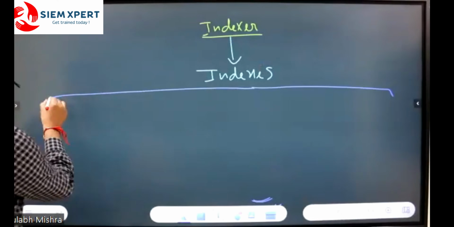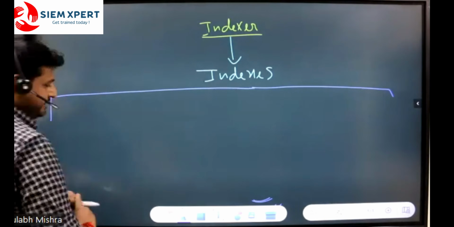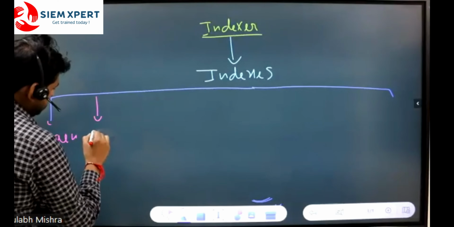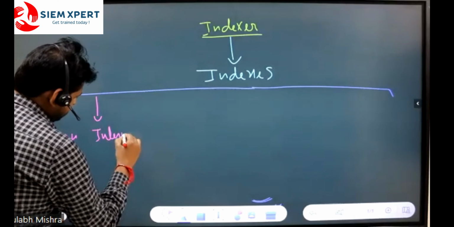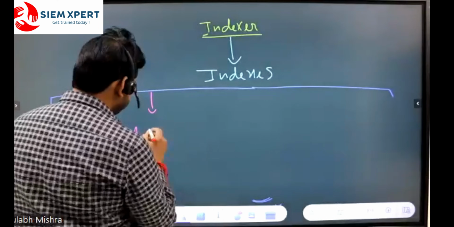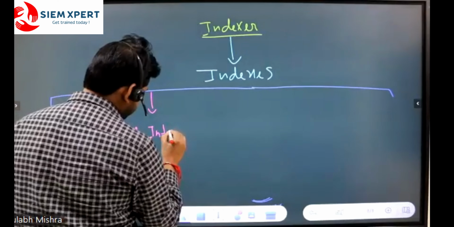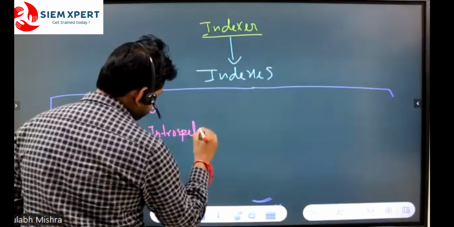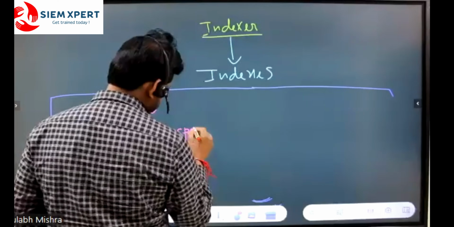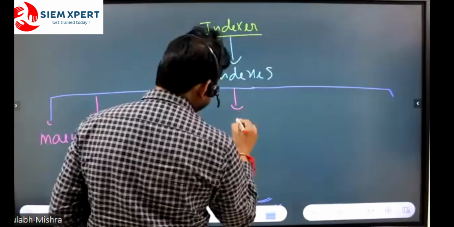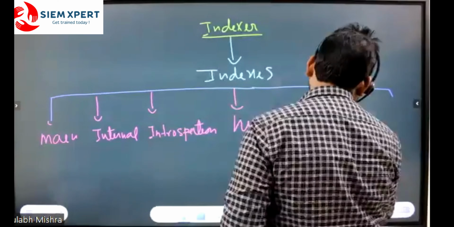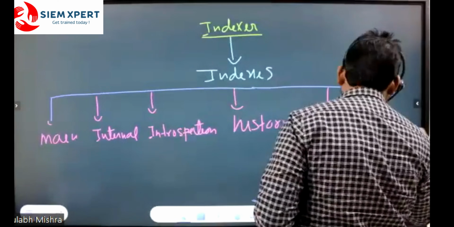It has a total of 11 indexes, such as the main index, internal index, internal introspection, introspection history, matrix, and so on.